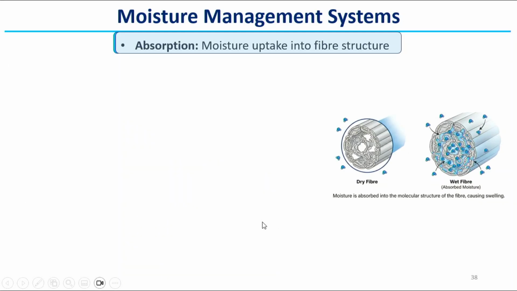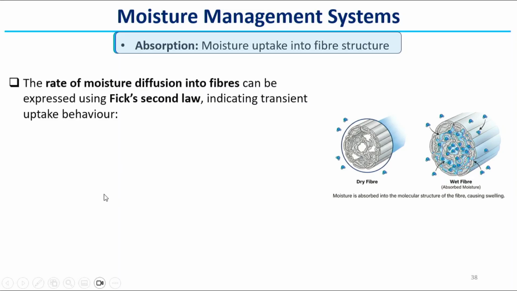Now, absorption, moisture uptake into the fiber structure. Basically there are two types of process. One is Fick's second law, where with time we can calculate the rate.